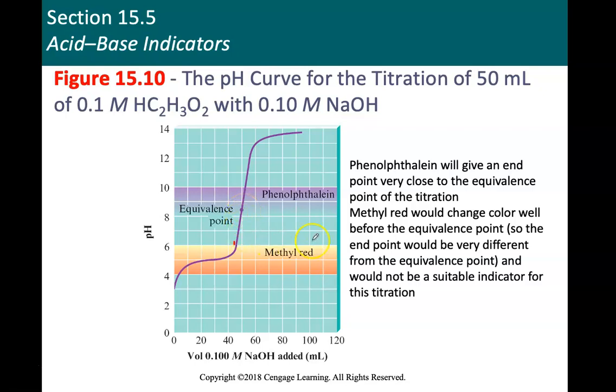So in other words, if methyl red is used, your change of color is well below what we would expect at the equivalence point. So phenolphthalein, yes, it's still applicable to use in this, but not methyl red.